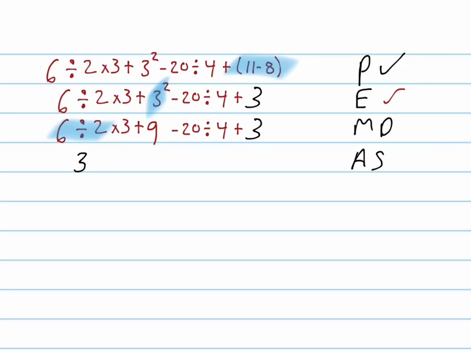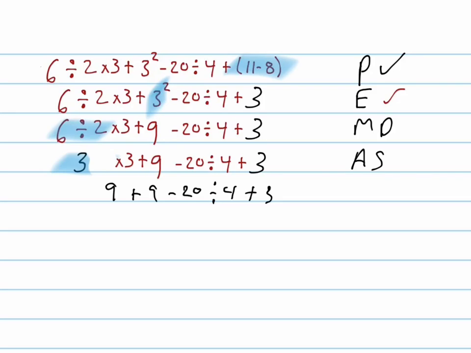Oh, I don't think that's going to work. Kind of worked. So now I'm going to multiply 3 times 3. I'm just going to write this because this is getting... So that's 9 plus 9 minus 20 divide by 4 plus 3.